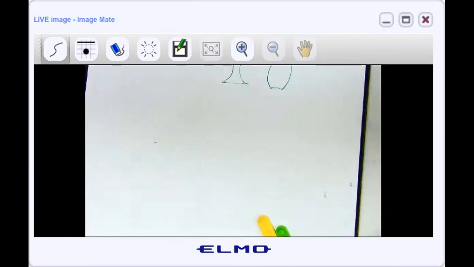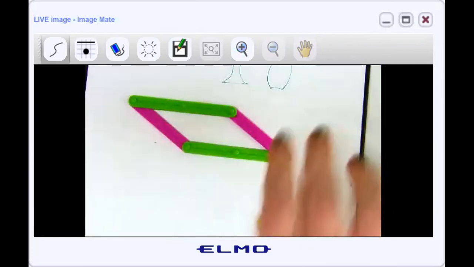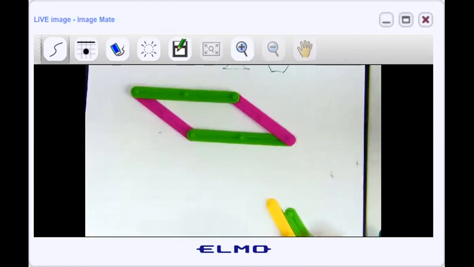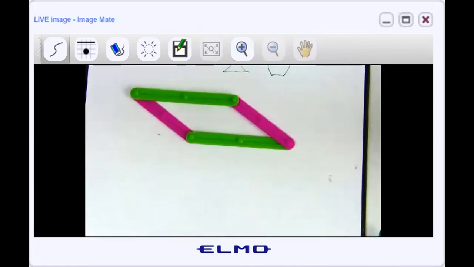What would be the most descriptive name that you can give me for this shape? Keep in mind that if these are all the same colors, they are the same length. So I don't have all four sides the same length here.